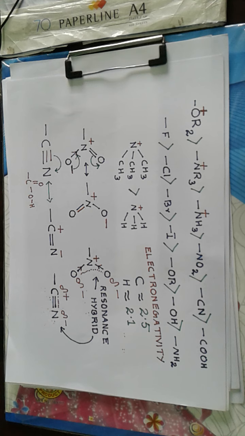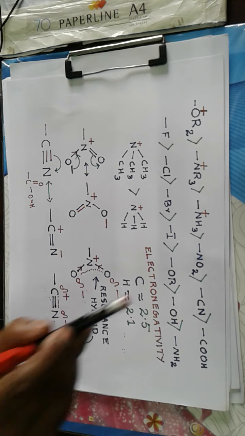And when there are more pi bonds, more electrons are away from the atoms which form the pi bond, so that they feel the scarcity or deficiency of electrons, and hence they are more electronegative.